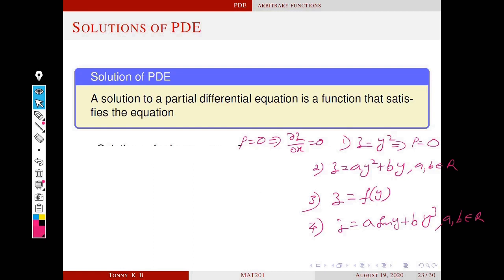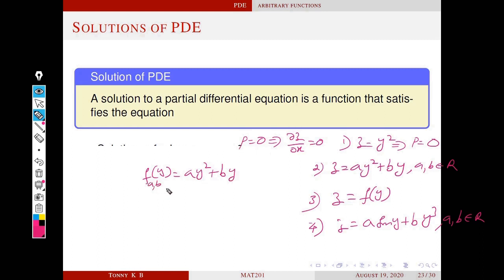Does there exist any relation between the complete integral and the general solution? Or how do we find the second complete integral from this third, the general solution? You can identify this complete integral by suitable choices of f. For example, if you choose f of y as ay square plus by, corresponding to a, b, we put a suffix ab.